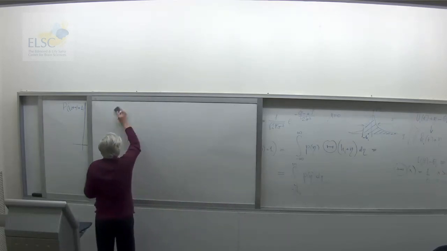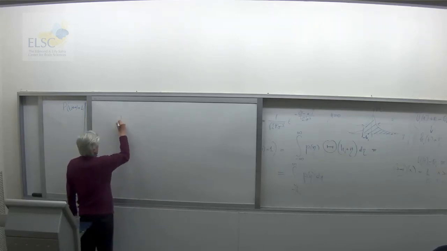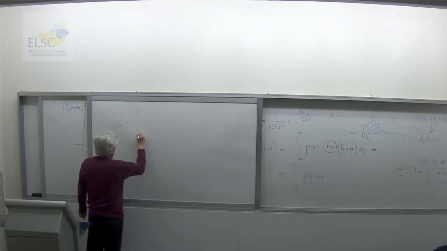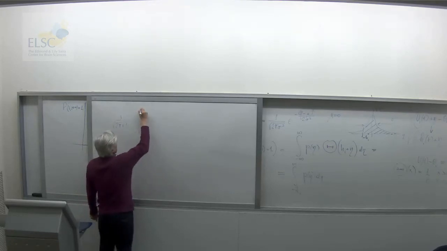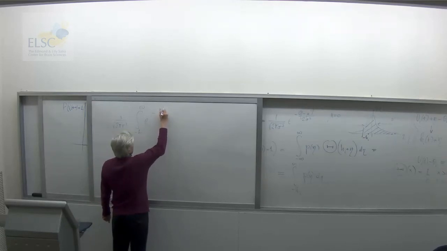So let us quickly compute this: 1 over square root of 2 pi sigma squared, integral from minus h_i to infinity of e to the minus eta squared over 2 sigma squared.